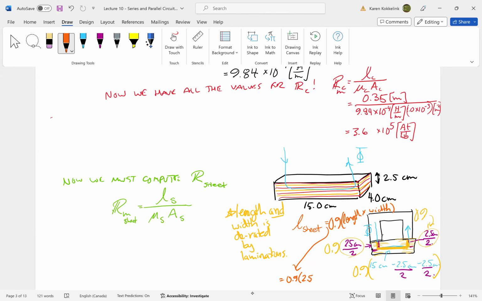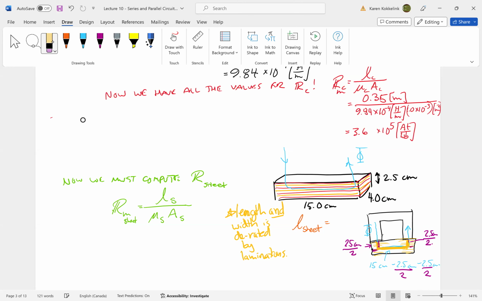For our length, our mean path length, is, you know what? I was wrong. Our mean path length, we are not going to derate. We're only going to derate the area. Our mean path length, we are not going to derate that as laminations because it actually does travel that distance.